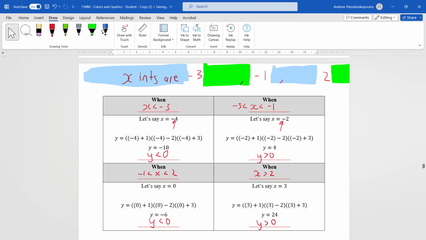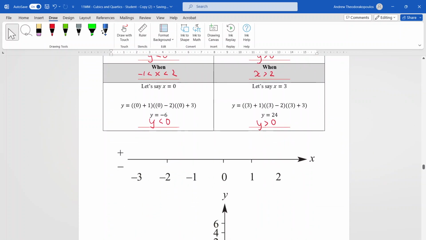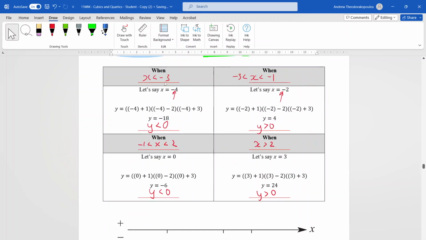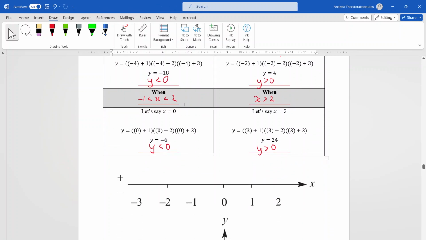So what is this sign diagram we keep talking about? It's just another way of doing what we did before, really. We know that the first one was everything less than -3. So everything less than -3 is below the x-axis.